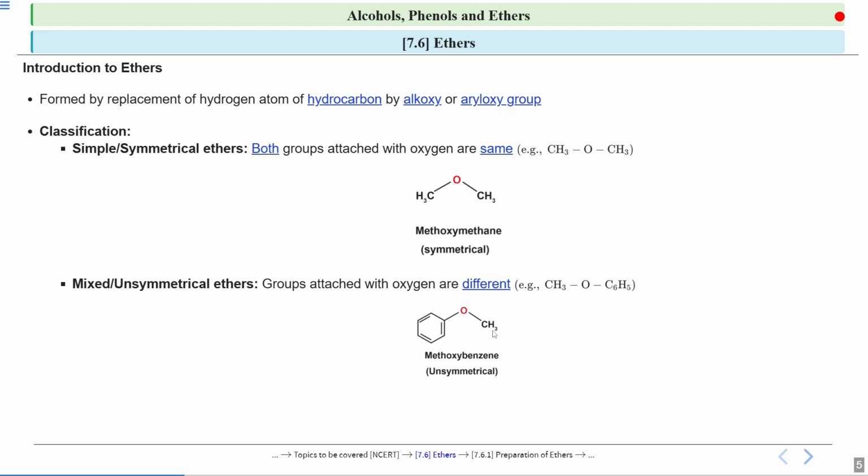So it will be methoxybenzene. This is how we do the nomenclature of the ethers. There are two types, simple and mixed. Whenever the hydrogen of a hydrocarbon is replaced by an alkoxy or an aryloxy group, an ether is formed. So this was the introduction about ethers.